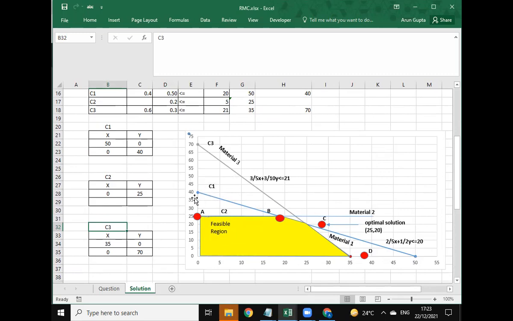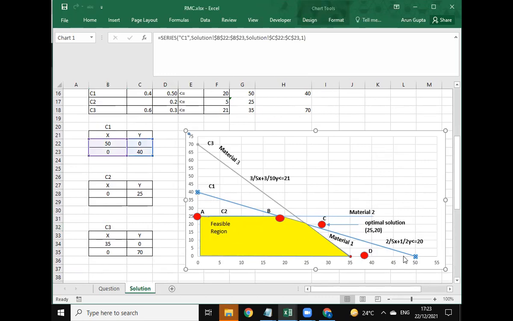As we can see, this line indicates both the x and y values. Again, we have C2, which is 0 and 25. So this 25 is reflected here. We have provided the value here itself, and 0 for the x-axis. The x-axis doesn't have any value, so it will be 0. So this point will be here.